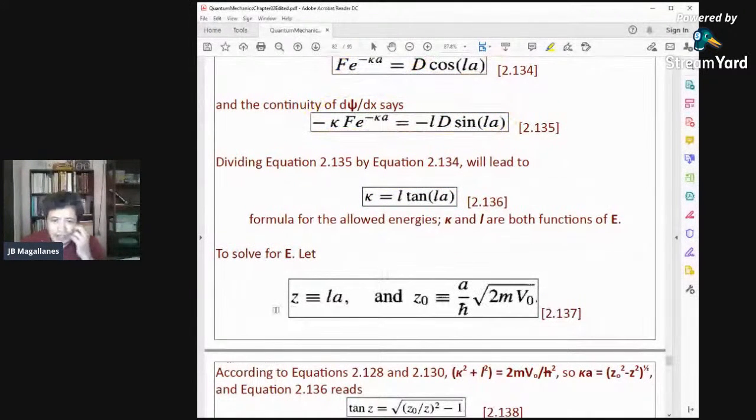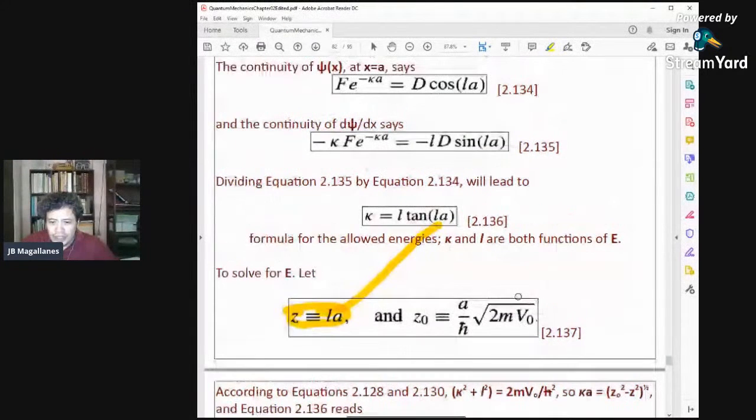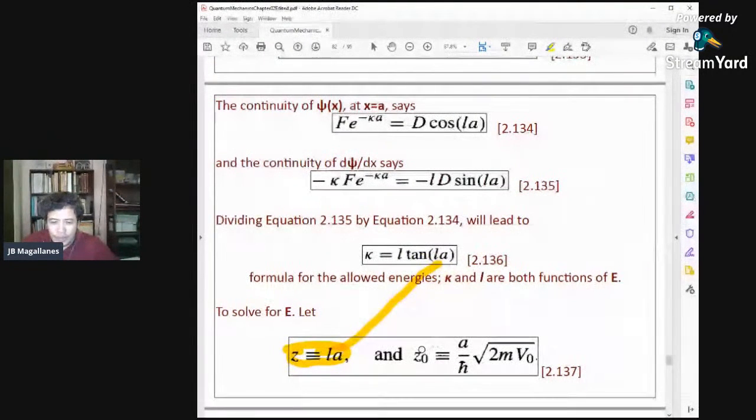We let Z equal to La, which is just this one, and then Z0 to be the lowest Z. Z0 is the lowest Z, which is equal to a over h bar times the square root of 2m V0.